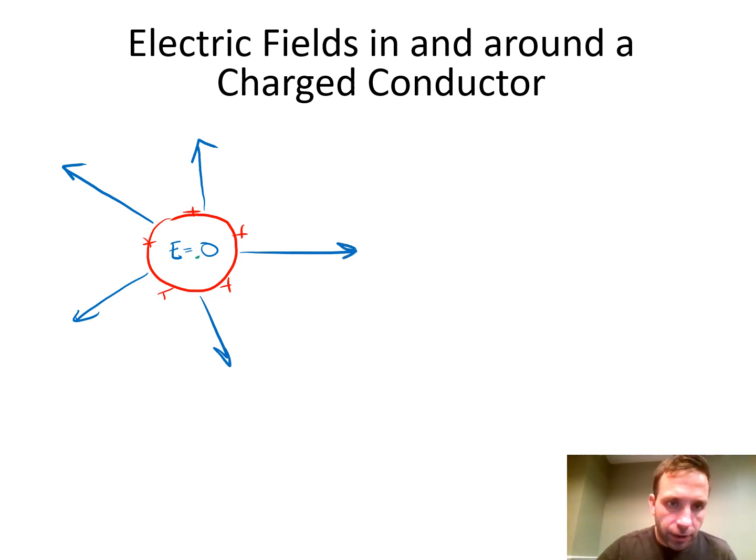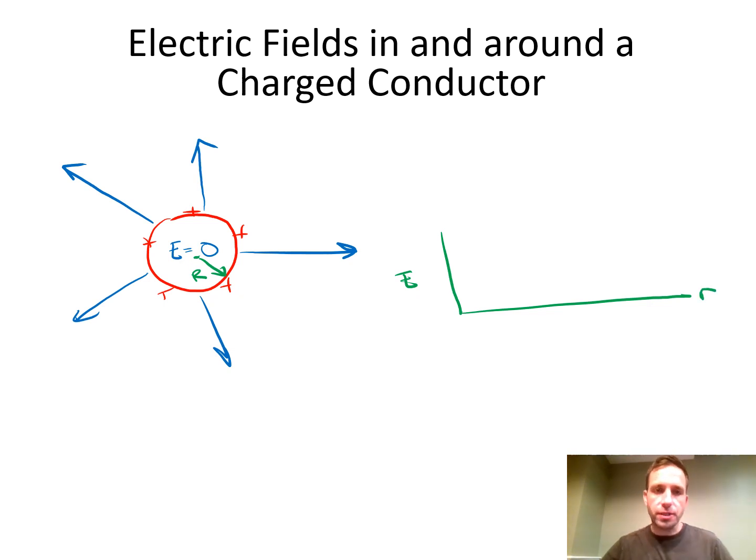Let's say this conductor here had a radius of capital R, and I wanted to graph what the electric field looks like as a function of r, our distance from the center of this conductor. So here I'll put capital R, so that's where the conductor ends. Everywhere inside of the conductor, the electric field is zero, so I'll draw that here.